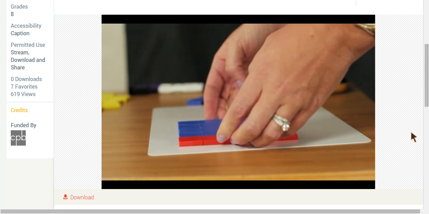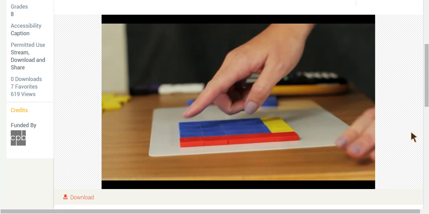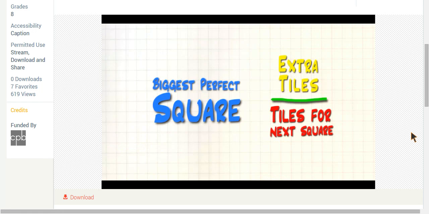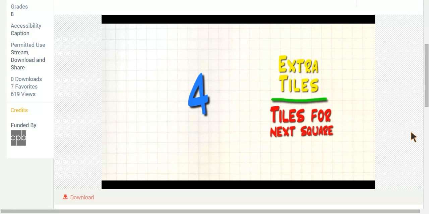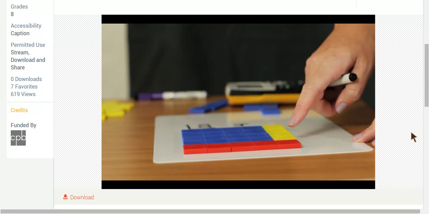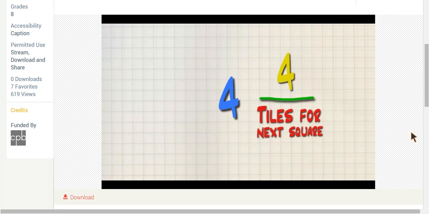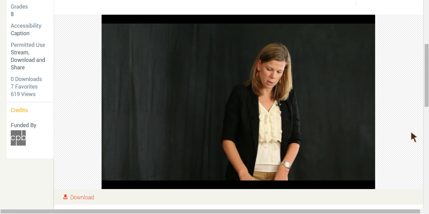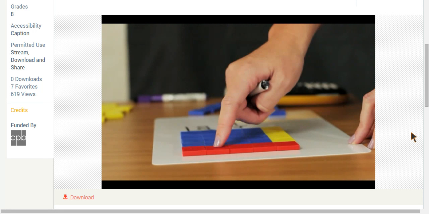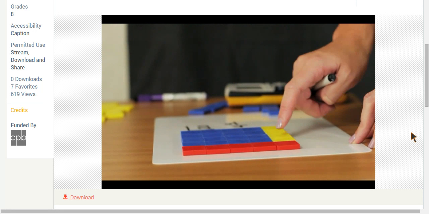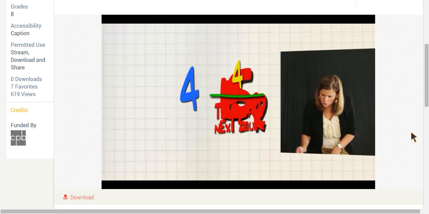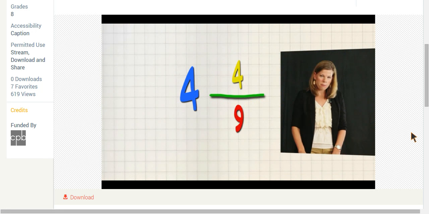So I look at what my biggest square that I made is, which is my 4 by 4 square. I look at how many yellow tiles I have, which are 4, and then I look at how many tiles I needed to make that next perfect square. So I'm going to count 1, 2, 3, 4, 5, 6, 7, 8, 9. So my approximation is 4 and 4 ninths.